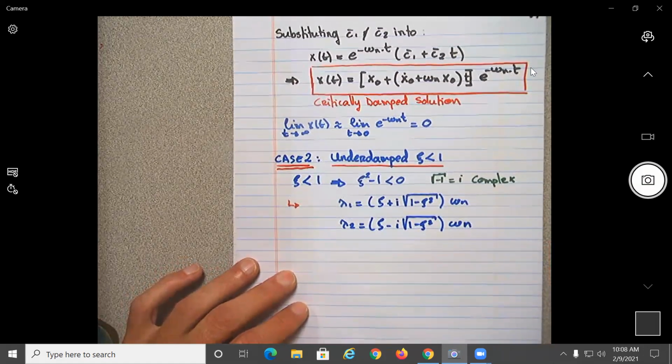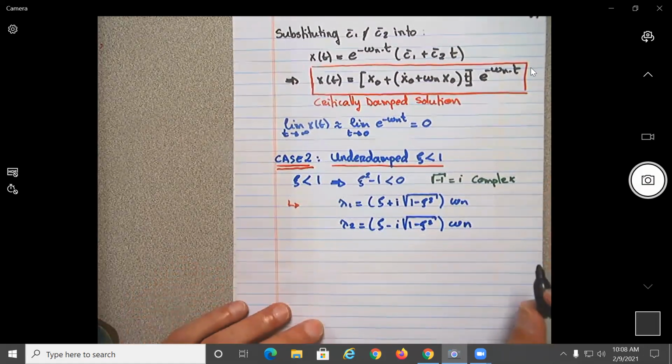All right, so now we go and substitute into the general solution.